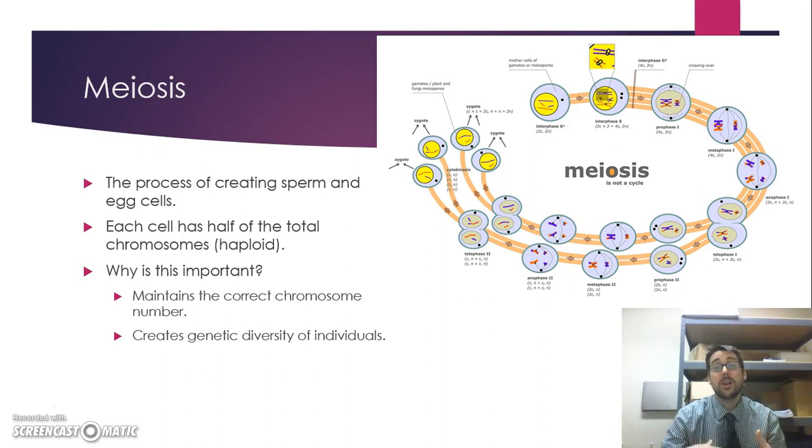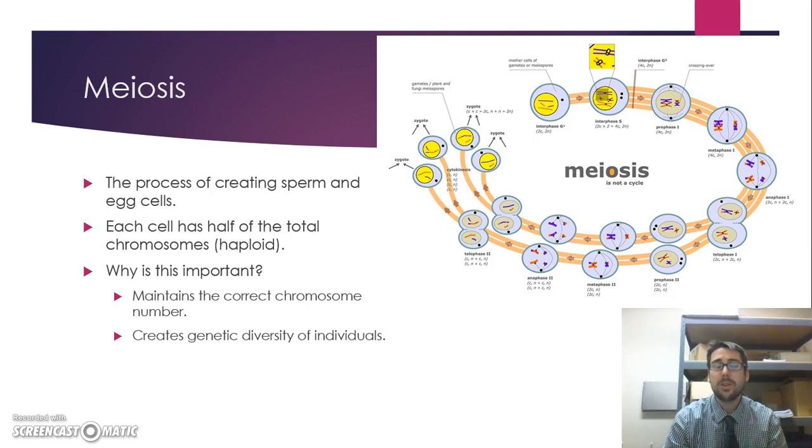So what we call a normal cell, like in mitosis, is called diploid, whereas a sex cell, like sperm or an egg, is called a haploid cell because it has half the DNA. Okay, so diploid is full DNA, haploid is half DNA, and we're only talking about sperm and egg cells when we're talking about haploid cells. So why is this important?